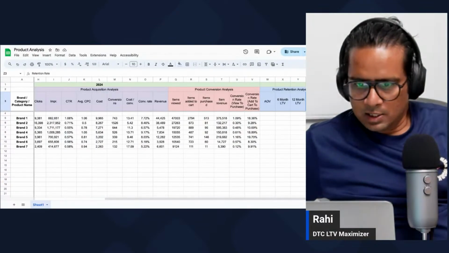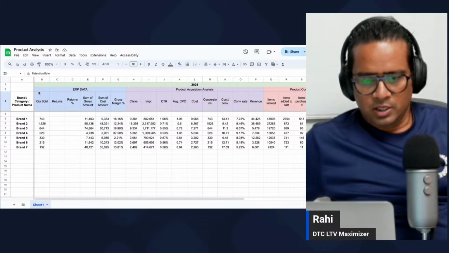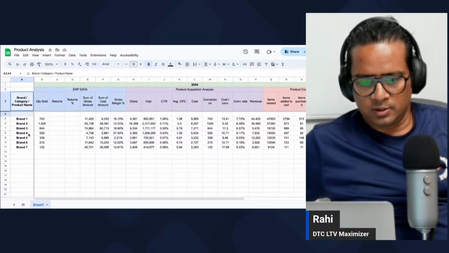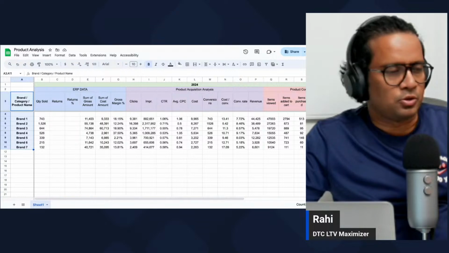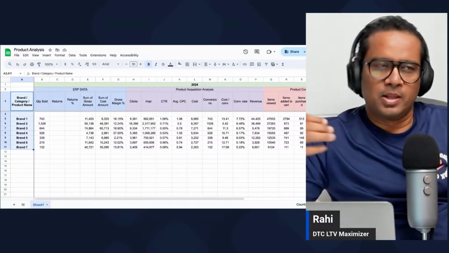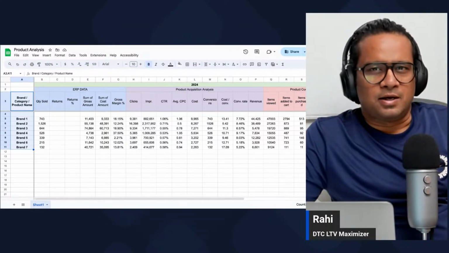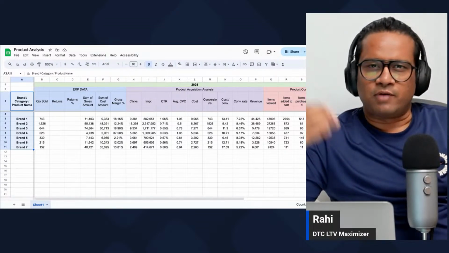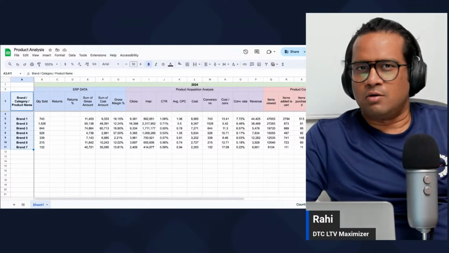So in Excel, typically this is the view. Here I kept brand, but it depends from brand to brand. It can be product, it can be category. So you can have something on the left, which is how you are looking, and don't overcomplicate this. The idea is to look at the first five products, or top five brands, or top five categories.